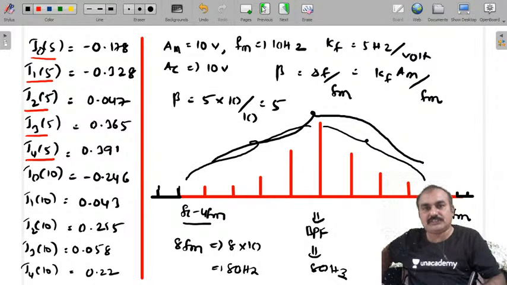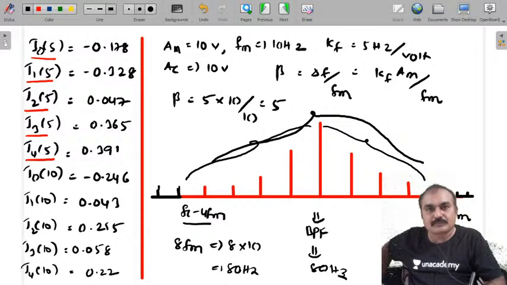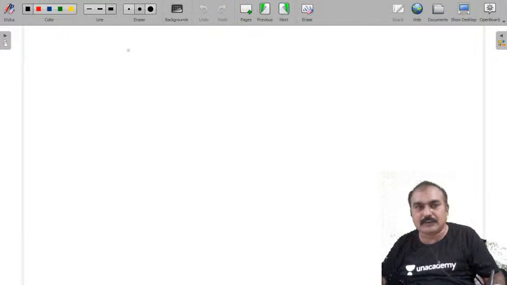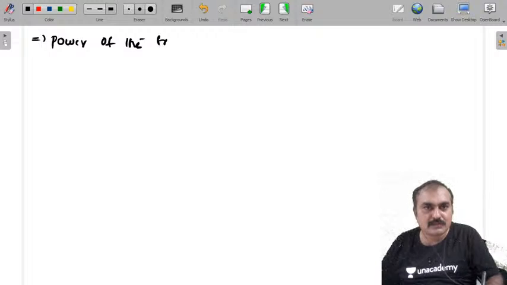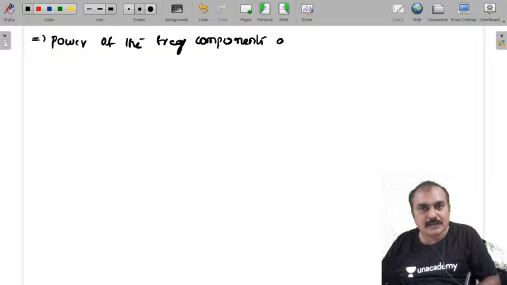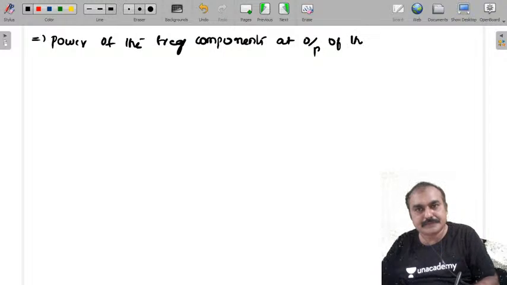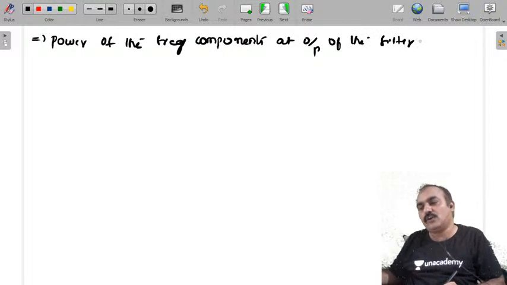So the first question is the power of the frequency components at the output of the filter.